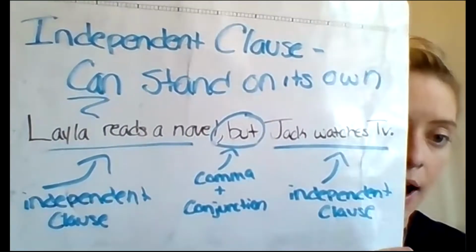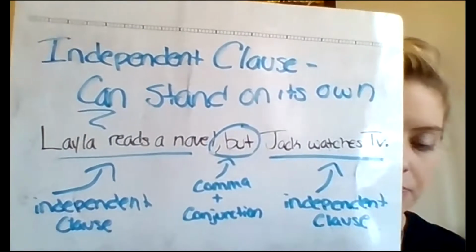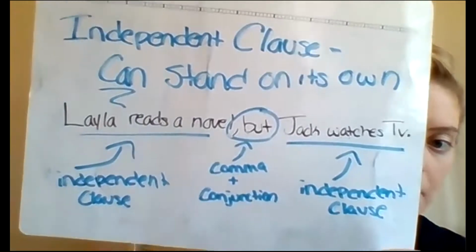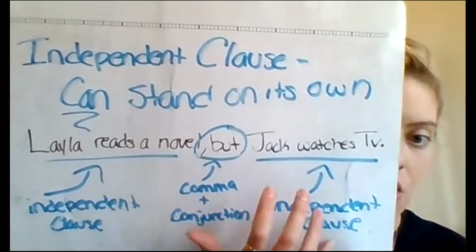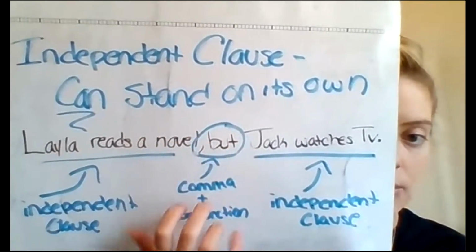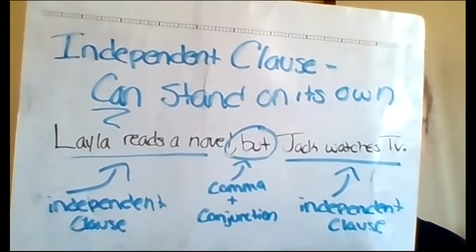Okay? Where we're pausing there, we're going to kind of need that comma. Okay? So remember, this is a compound sentence, two independent clauses, because both of these can stand on their own. And we join them together with a comma and a conjunction word. Okay, make sure you have that down in your notes as an example.